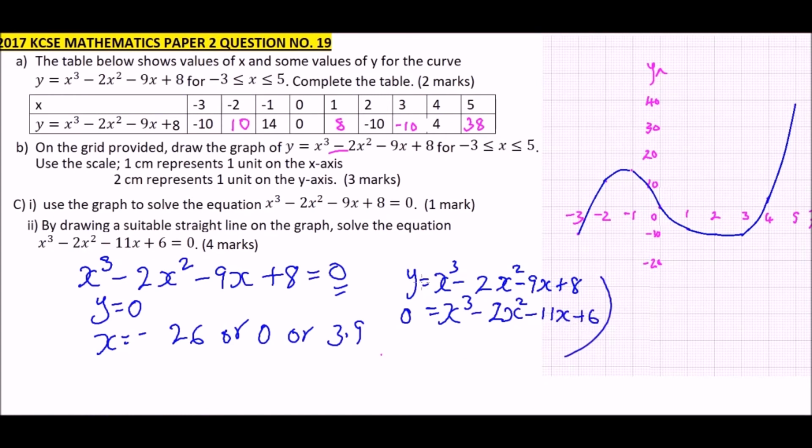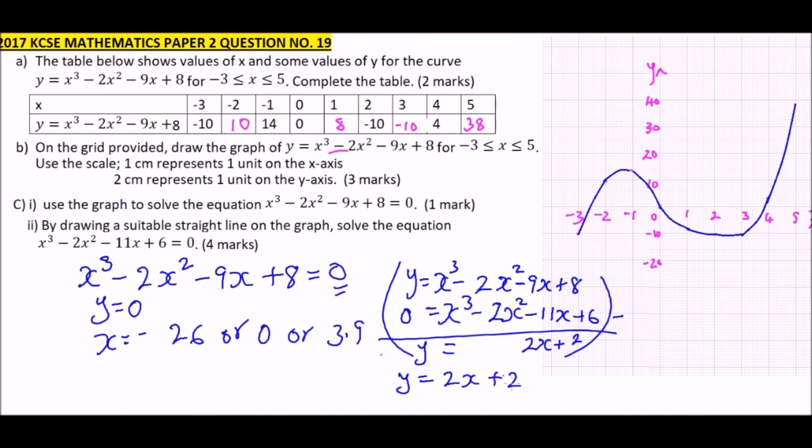So we are going to subtract the equations. So y − 0 is y, equals x³ minus x³ is 0, −2x² minus −2x² becomes 0, −9x minus −11x is −9x + 11x, which will give you 2x. Then we have 8 − 6, which will give you positive 2. It means our new equation is y = 2x + 2.